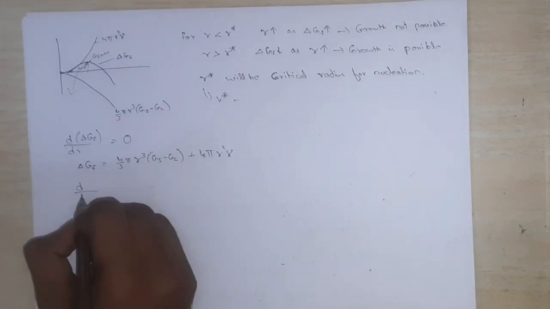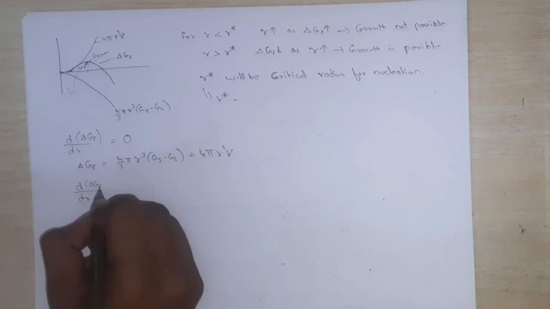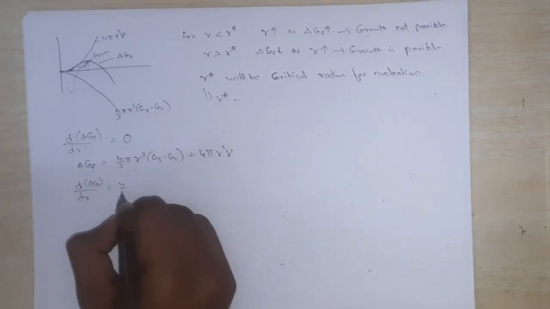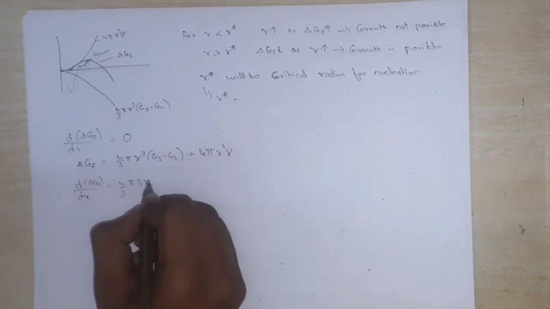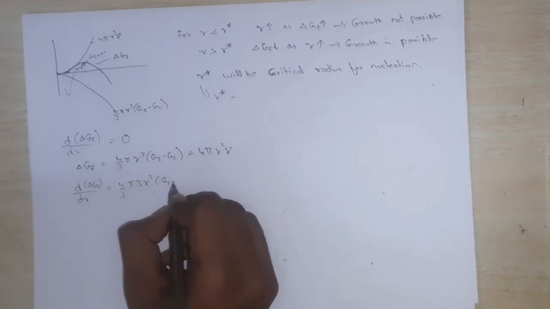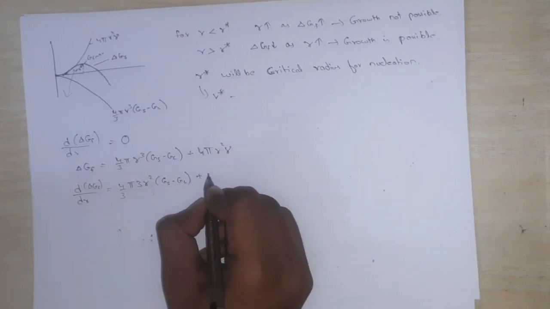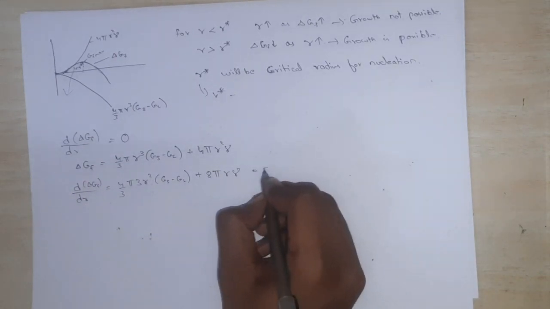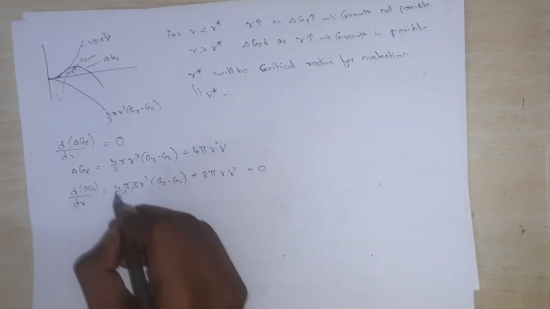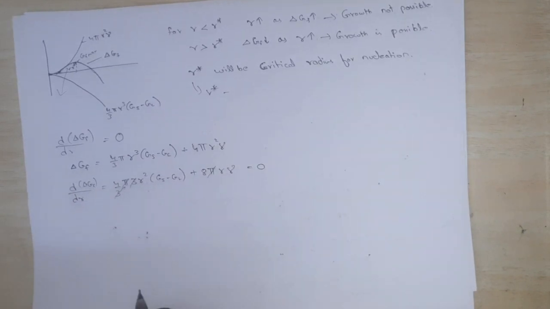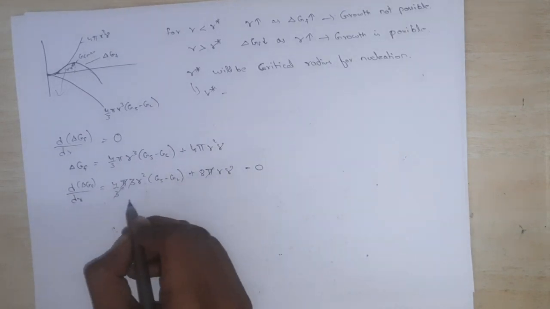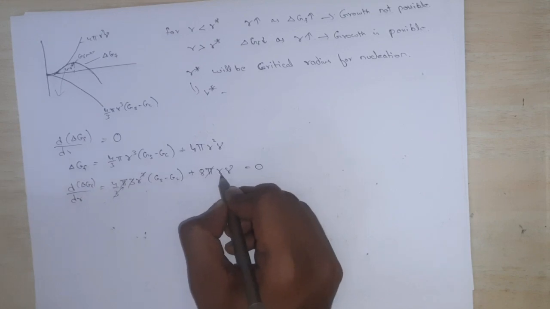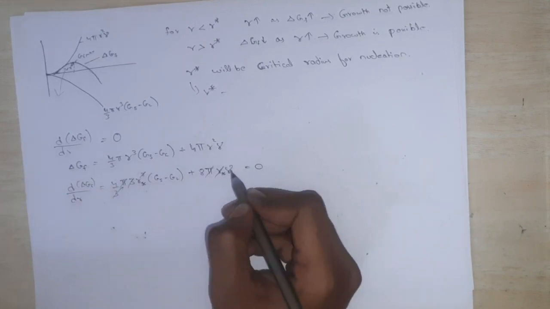When we differentiate with respect to r, we get 4 pi r square (Gs minus Gl) plus 8 pi r gamma equal to 0. If we simplify, pi will cancel, and one of the r will get cancelled.